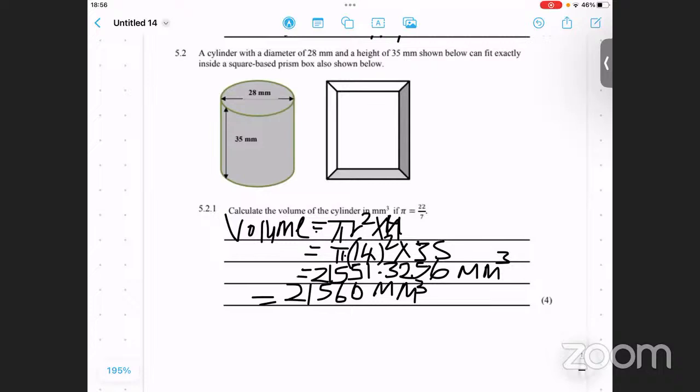Oh, so you guys used pi as it is. So you guys didn't use the 22 divided by 7 as your pi.